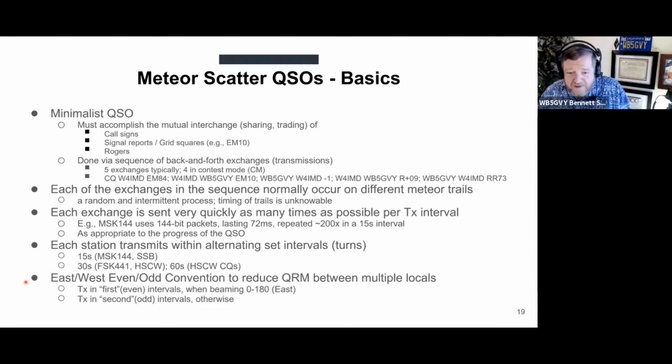And if you're transmitting to the west, you're going to use the second or odd interval. Now this is just in the United States. I was watching a video about meteor scatter in Australia, and they're less east-west focused, and they're more north-south focused. So it's sort of a regional gentleman's convention.